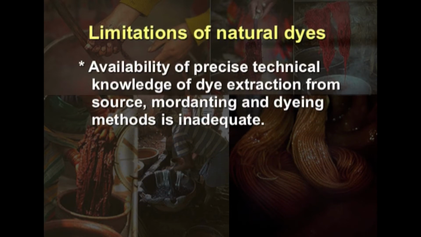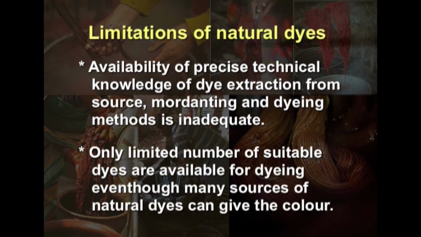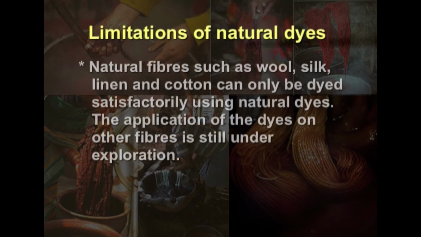Availability of precise technical knowledge of dye extraction from source, mordanting, and dyeing methods is inadequate. Only a limited number of suitable dyes are available for dyeing, even though many sources of natural dyes can give the color. Natural fibers such as wool, silk, linen, and cotton can only be dyed satisfactorily using natural dyes.